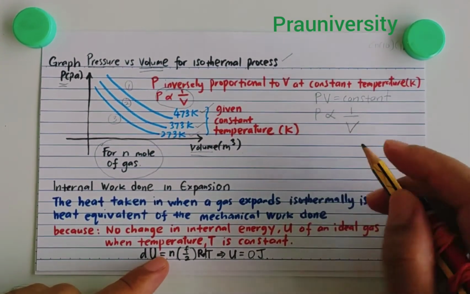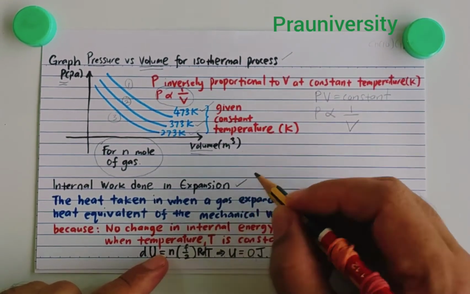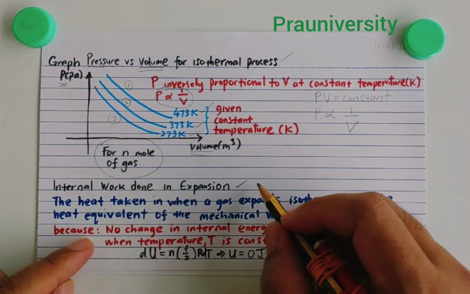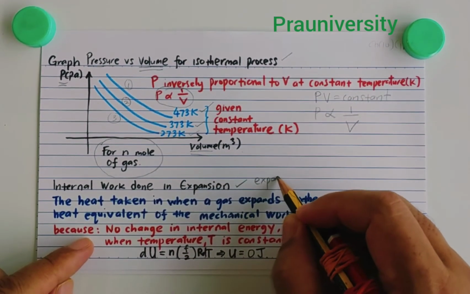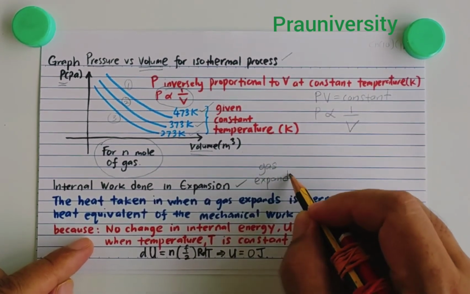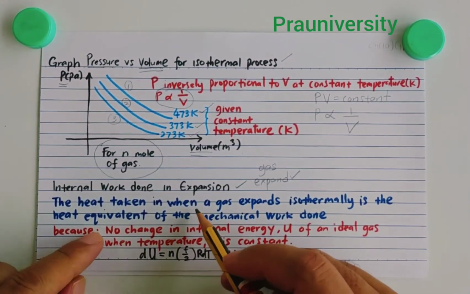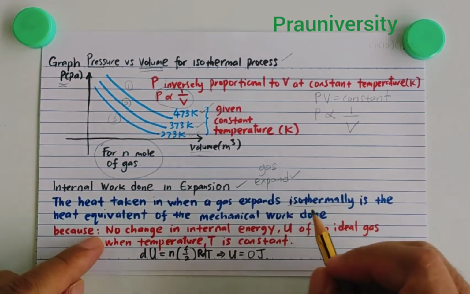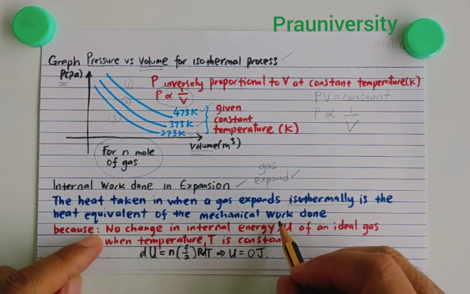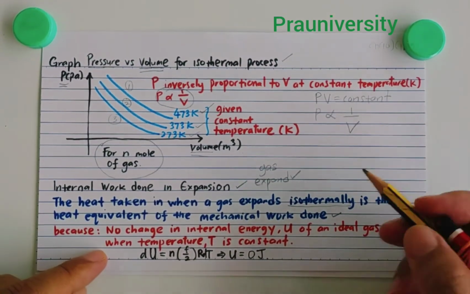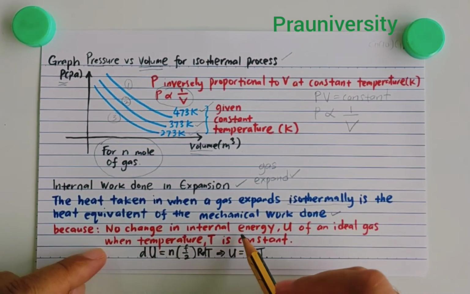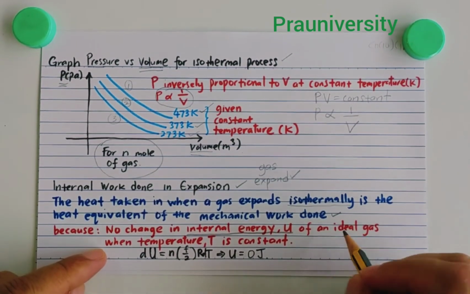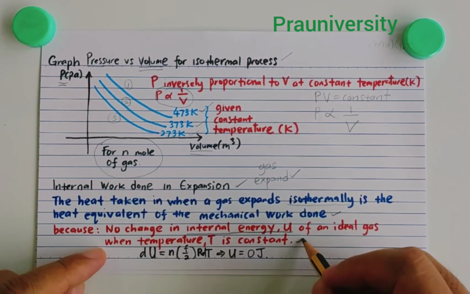Okay, so we need to understand the work done in expansion. That means the gas expands. The heat taken in when a gas expands isothermally is the heat equivalent of the mechanical work done, because there is no change in the internal energy U of an ideal gas, since the temperature is constant.